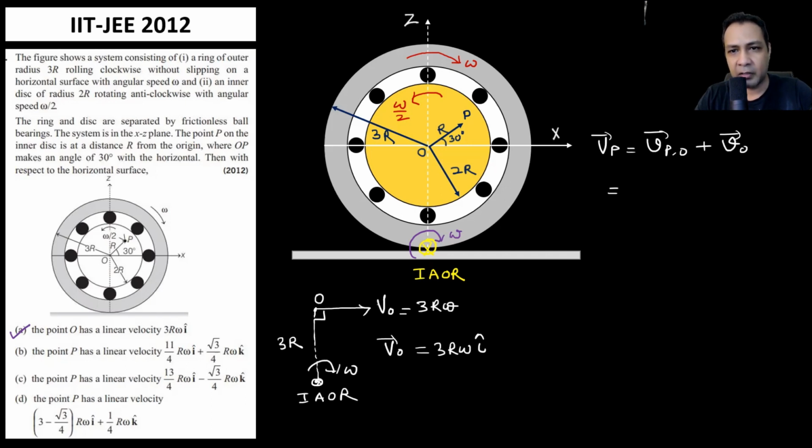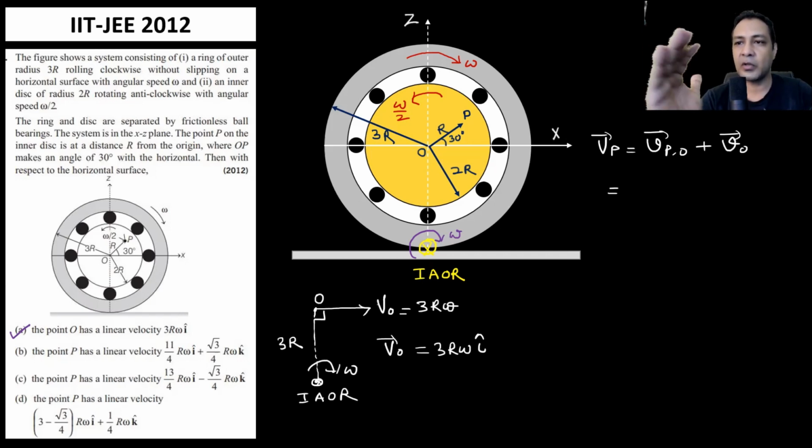So I want to write the angular velocity in vector form. The angular velocity of the inner disk is omega by 2 in magnitude. To find the direction, I curl the fingers of my right hand in the direction of angular rotation, and the thumb gives the direction of the angular velocity. Here the x-axis is along the surface, the z-axis is upward, and the y-axis is inward, so towards me is the negative y direction.